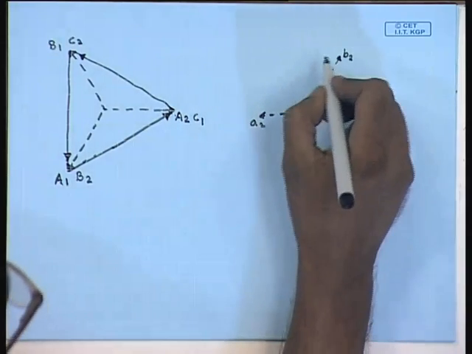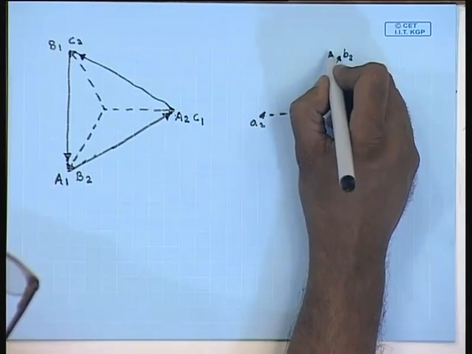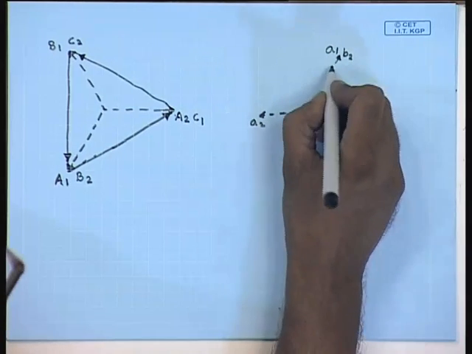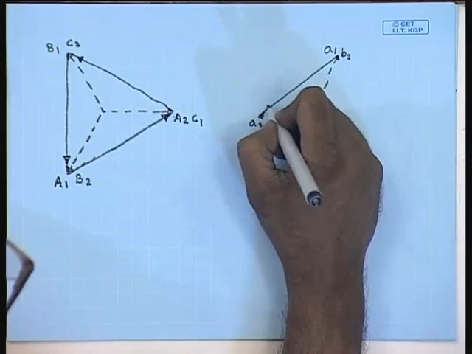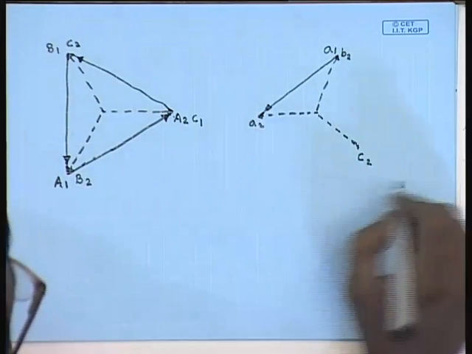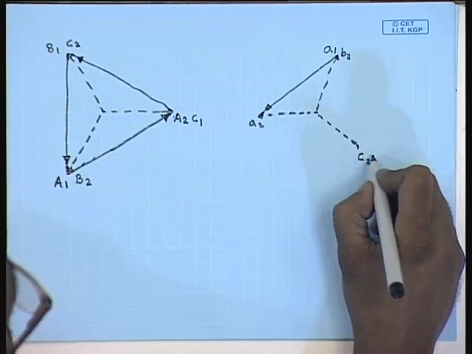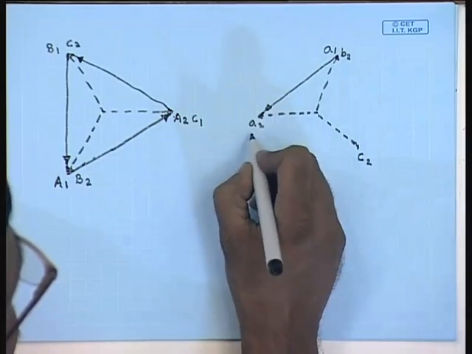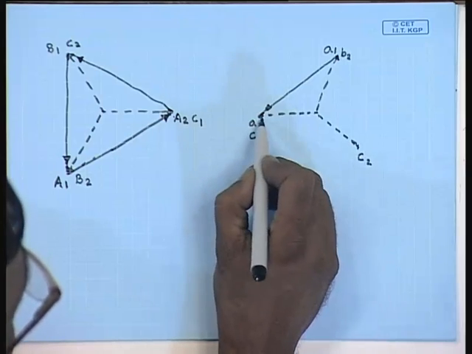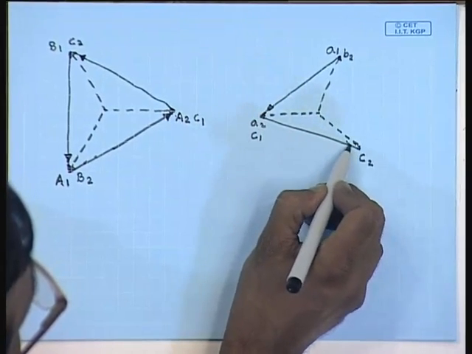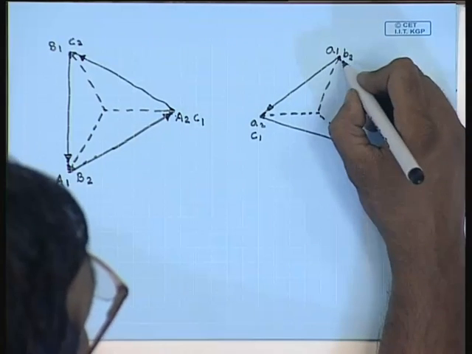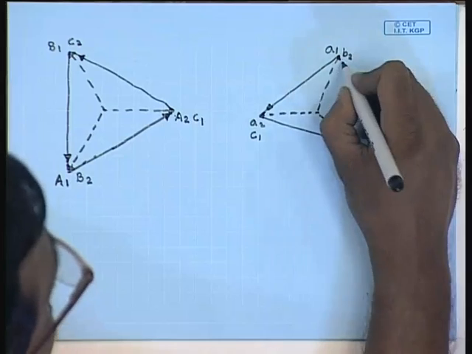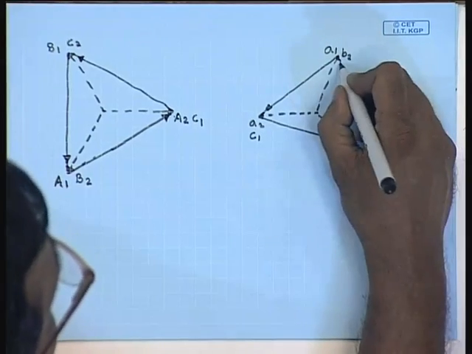So, if we say this terminal is A1, the phasor A1 A2 will be in this direction. If this terminal is C1, then this is the voltage C1 C2, and if this terminal is B1, then this is the voltage B1 B2.